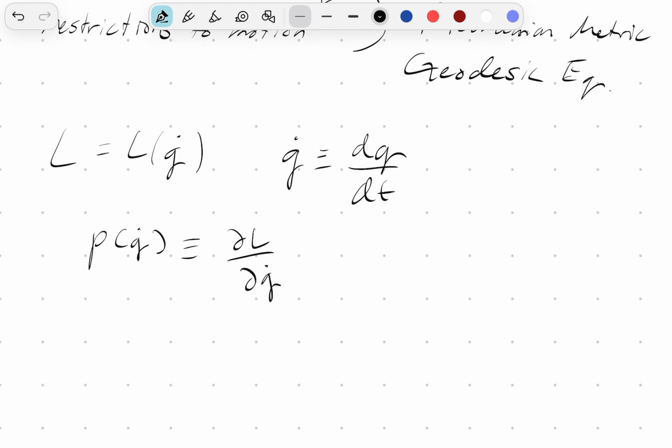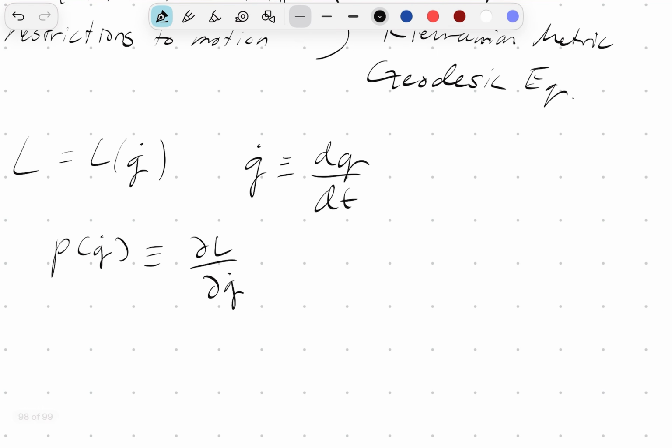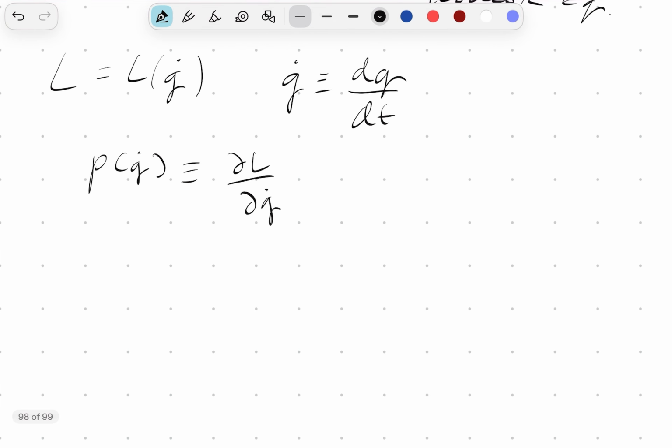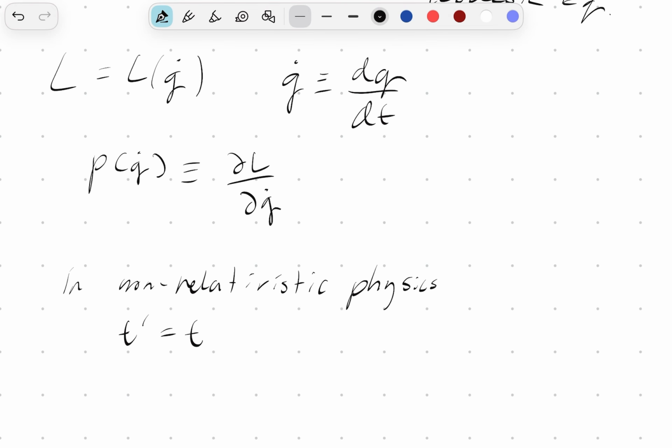So if we consider a second inertial observer in some system that is moving with some constant velocity relative to the first, in non-relativistic physics, the coordinates for different frames can be expressed as such, where v is a constant velocity relative to the first.